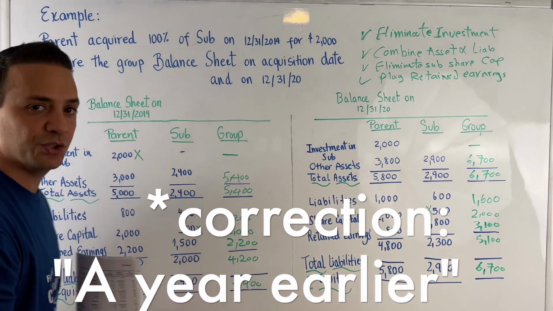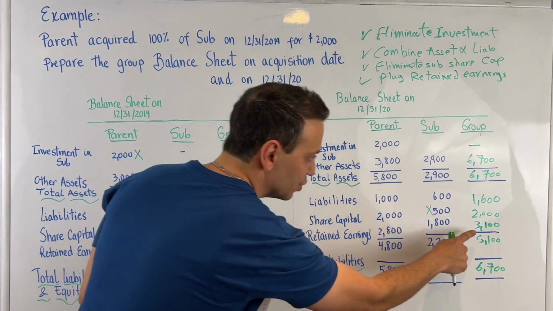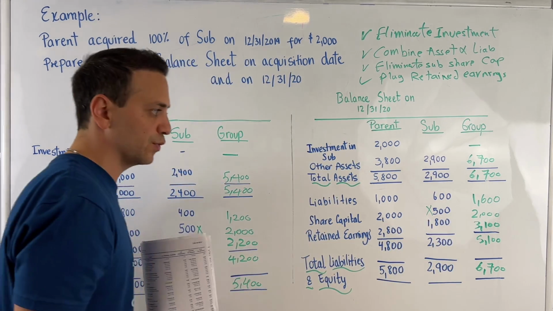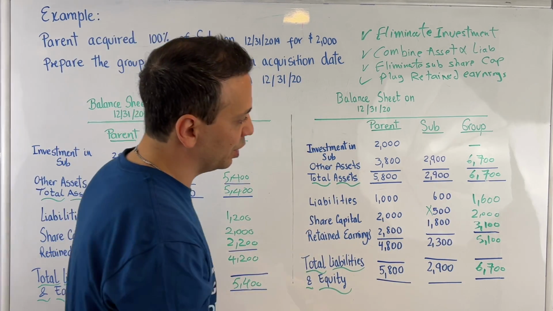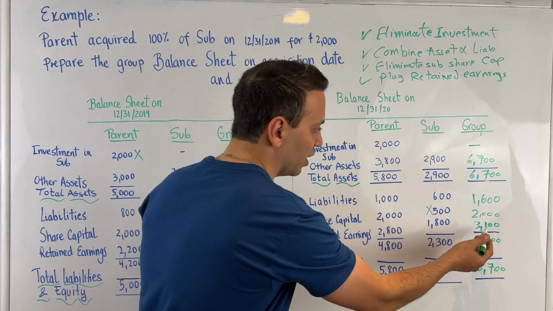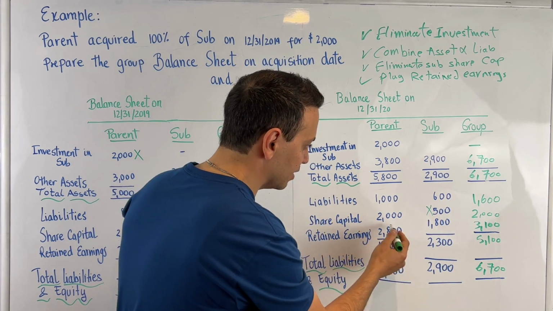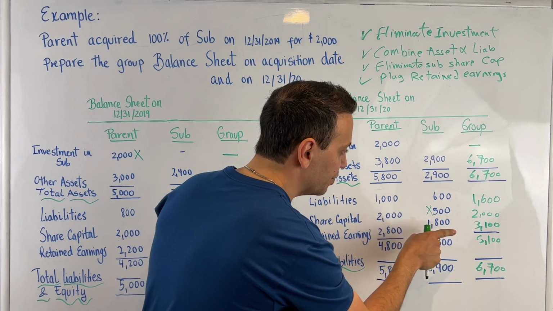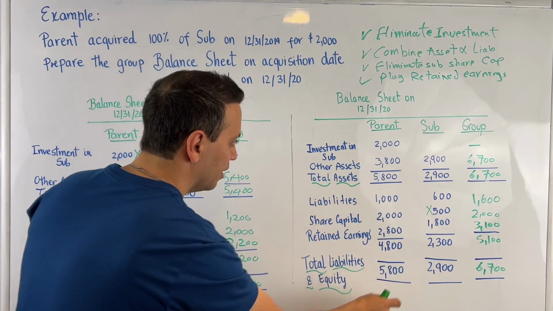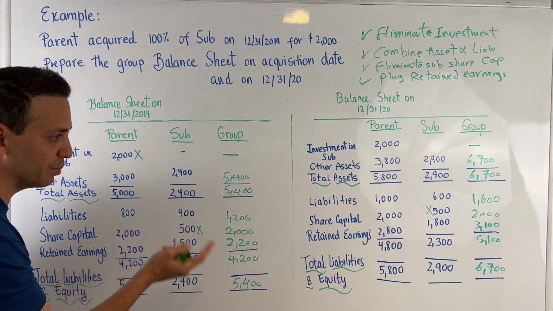So in essence, what you're doing here is that you're picking up 300, adding it to the 2,800, and that gives you the retained earnings for the combined company. You can do it by plugging, but I'm just explaining to you why the 3,100 is 3,100: it's the 2,800 plus an increase of 300 in the subsidiary, from 1,500 a year before to 1,800 here.